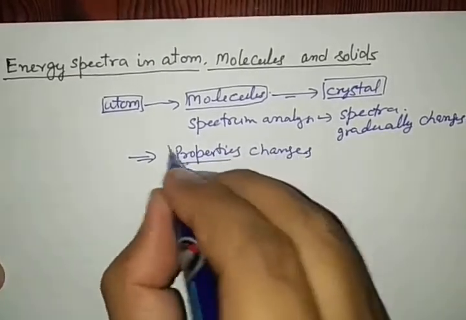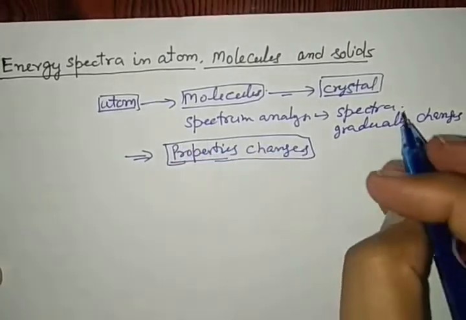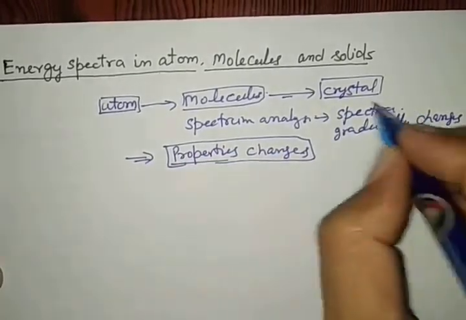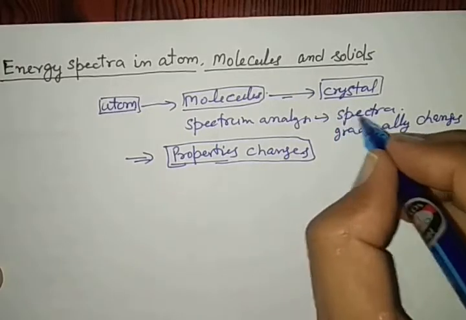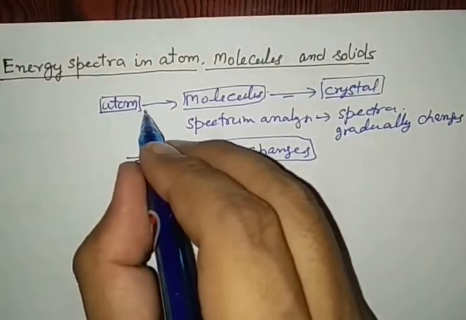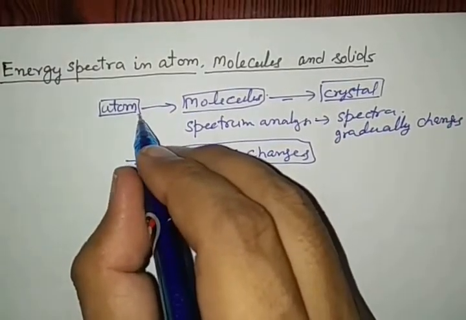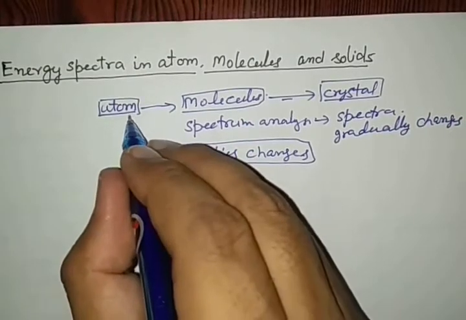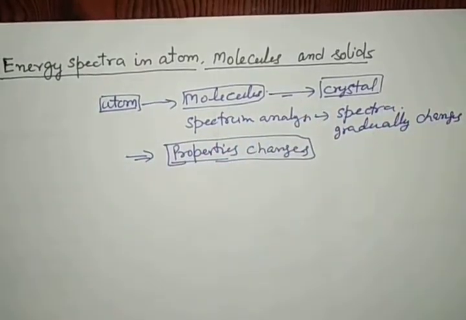So change in property can be clearly understood by how the spectrum gradually changes when we study the structure of atom, first of all, then molecule, then crystal.